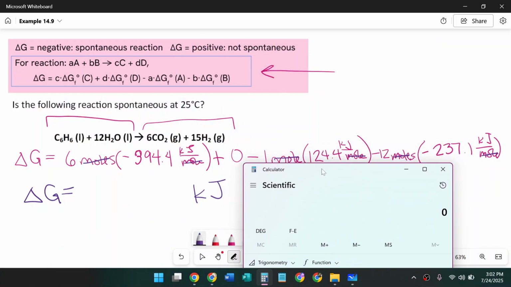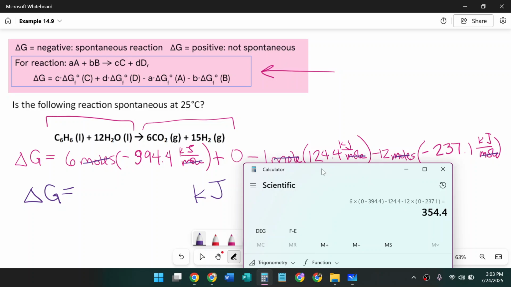All right, so we have 6 times, in parentheses, negative 394.4 plus 0, not even going to include that one, minus 1 times 124.4 minus 12 times, in parentheses, negative 237.1.